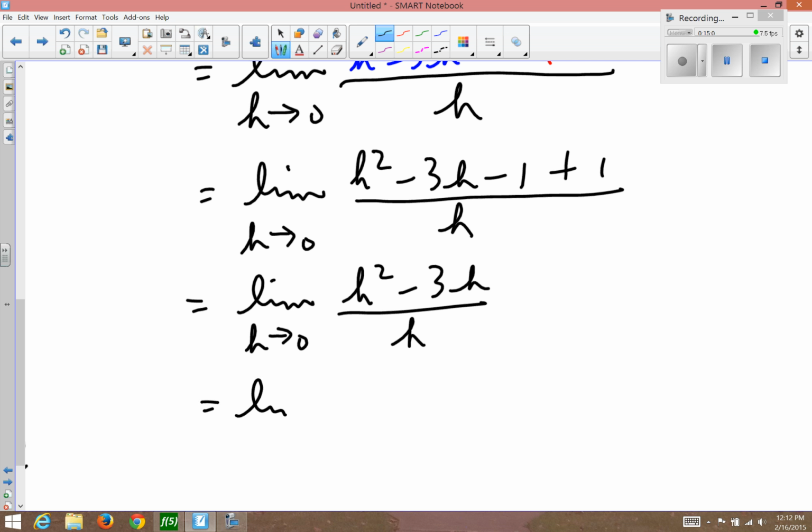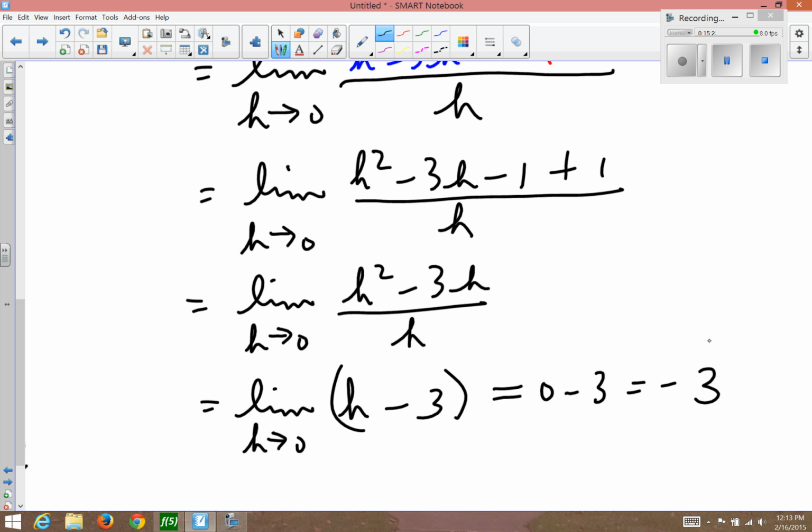This equals the limit as h approaches 0 of h minus 3, because h squared divided by h is h, and negative 3h over h is negative 3. And this limit, as h is approaching 0, is negative 3. That number is the slope of the curve at x equals 0.